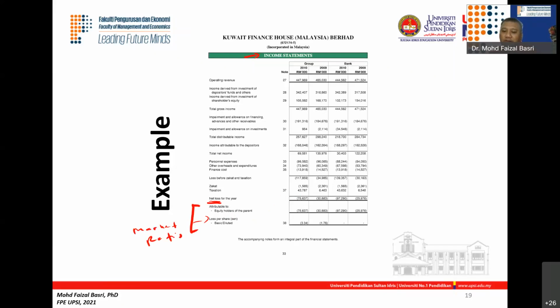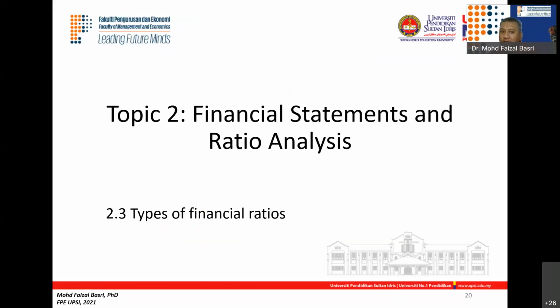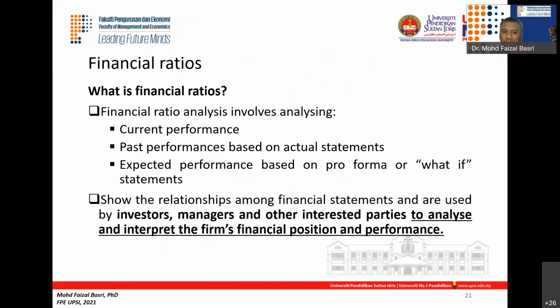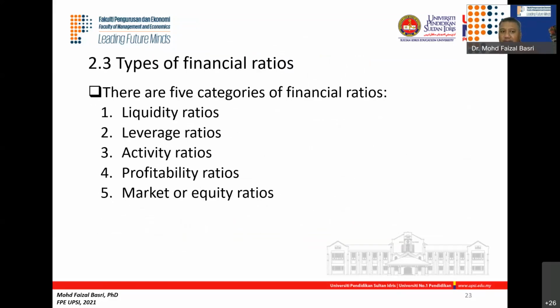So once you familiarize with the statement of financial position and also the income statements, now we can do the ratio analysis. As I mentioned earlier, we have 5 categories here: liquidity, leverage, activity, profitability, market or equity ratios.